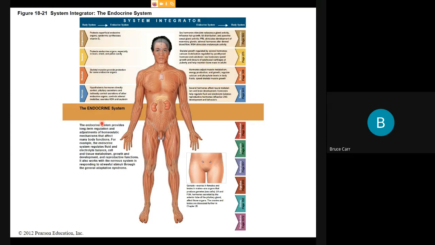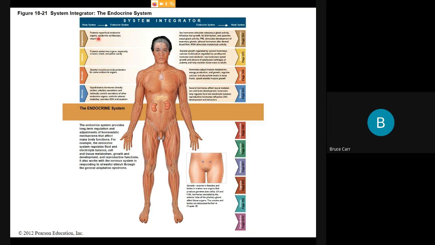So on this particular final lecture, final chapter of the endocrine system, I want to call attention to what's been at the end of your chapters all along, this system integrator. And for the first semester, it's a good idea to now go back and read these body systems up and down, pointing out what I think are many of the major relationships.